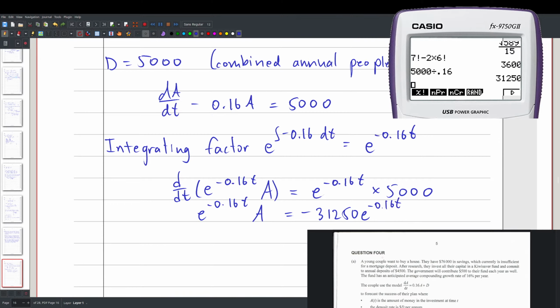A is equal to negative 31250 plus C1 e^(0.16t).